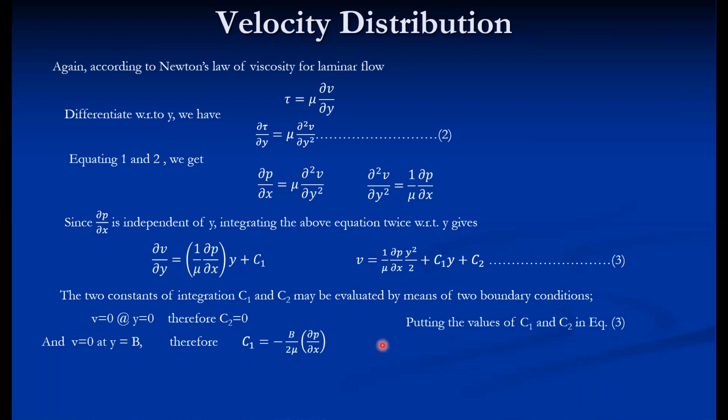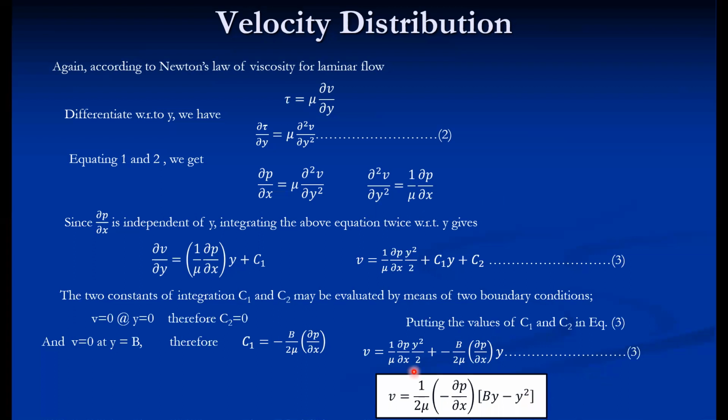So putting the values of C1 and C2 in equation 3, we have this expression: this is as it is, plus instead of C1, minus b/(2μ) ∂p/∂x into y. Call this equation number 4. Again further simplification we can get.